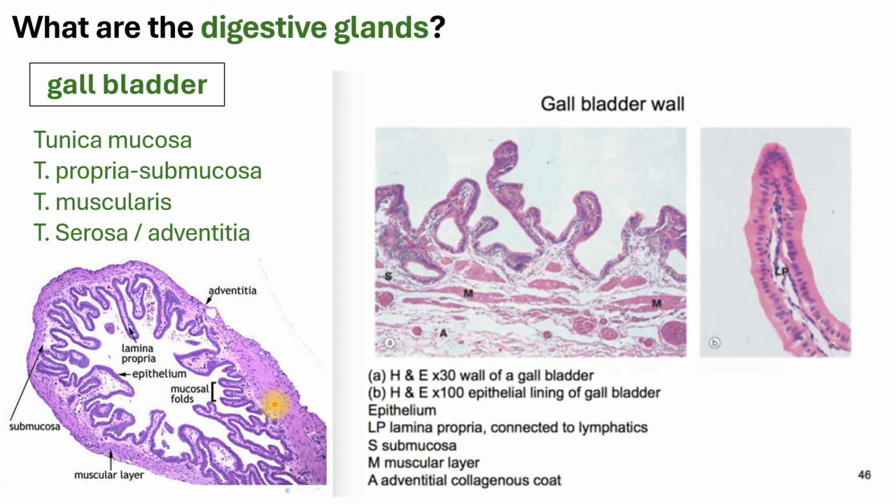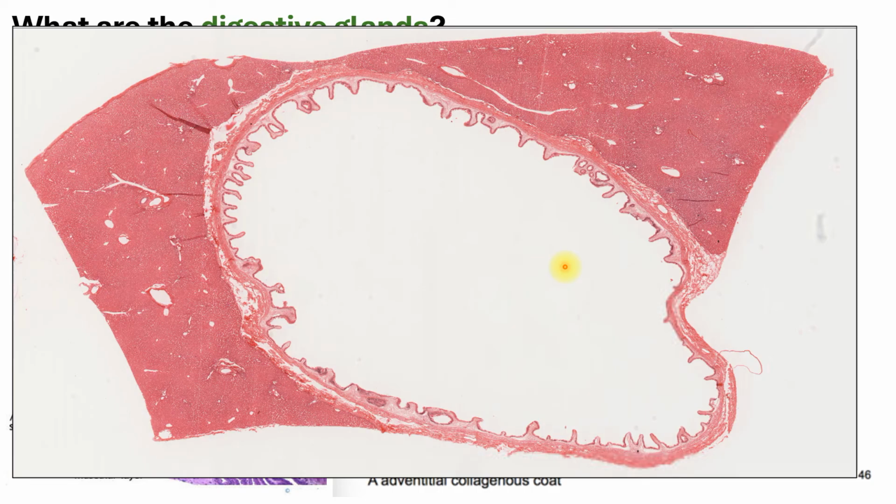Okay, what else? Here you see extensive mucosal foldings. And if we zoom out, here you can see that it's directly attached to liver parenchyma. So you would say that this area would have an adventitia outer layer, and this area which is not in contact with the liver would have this serosal layer.